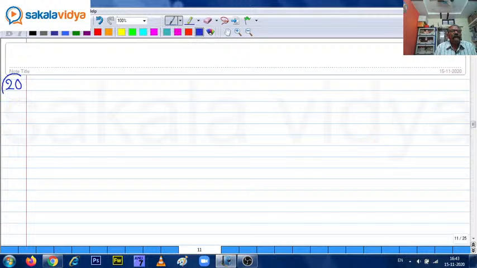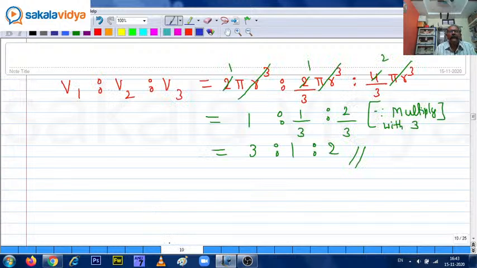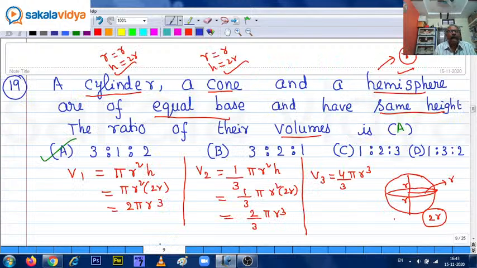Problem number 20. Go back. Yes, the hemisphere is a small change. Wait now. Yes, I made a mistake and need to rectify it. The hemisphere is 2 by 3 4 pi r cube.